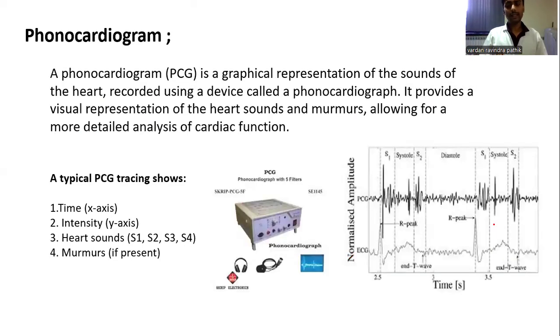So let's come to the final topic, which is the phonocardiogram. It is nothing but connected to the sound. We have already pictured a graph of our electrical activity, but what about the heart sound?